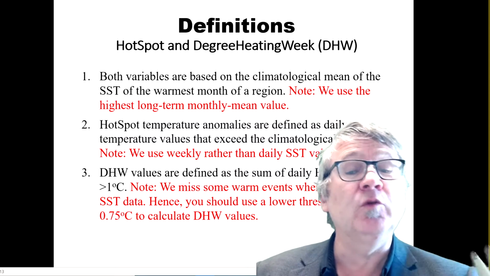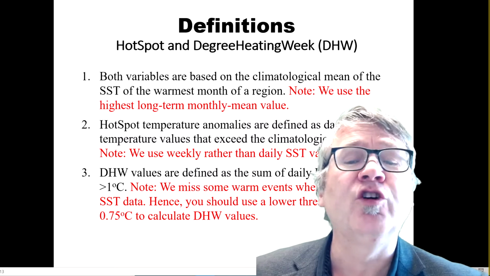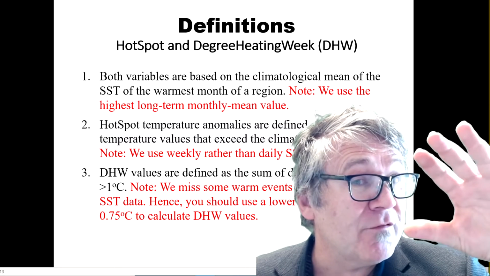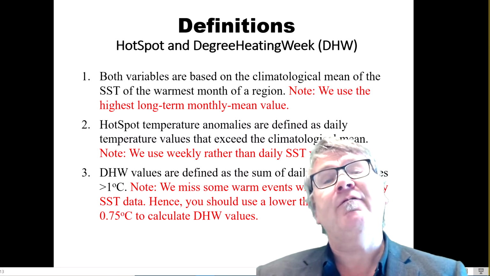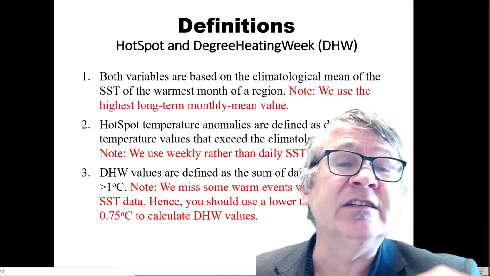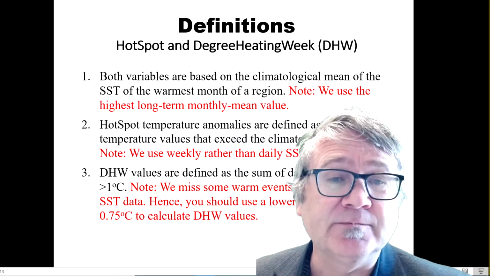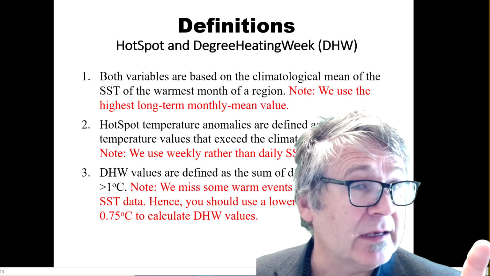So what we do is we use the highest long-term monthly mean value. That's our reference. Once we have a reference, we can say it is warmer compared to that reference, or it is colder. That's the important thing.